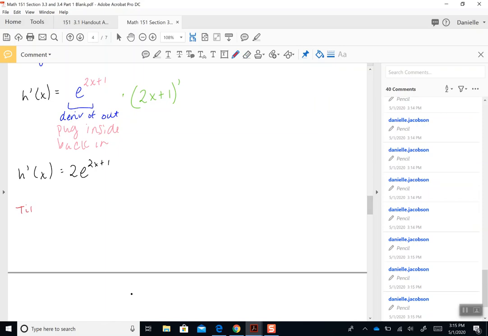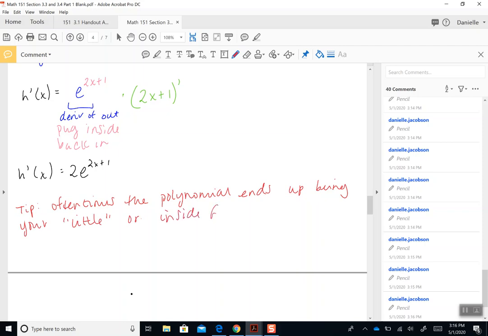So tip, this is not always, but oftentimes, the polynomial, so 2x plus 1 is a polynomial, ends up being your little function, or you could say your inside function. So that is not always the case, but it is often the case.